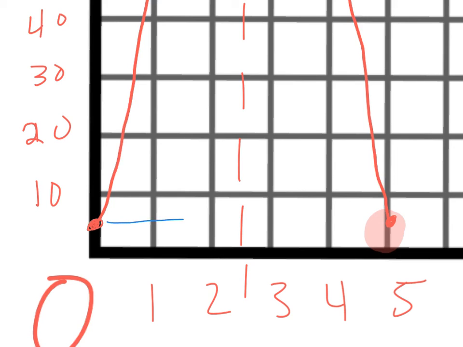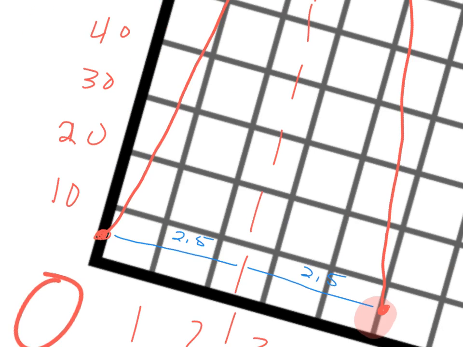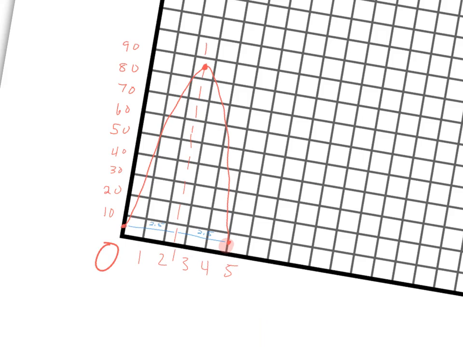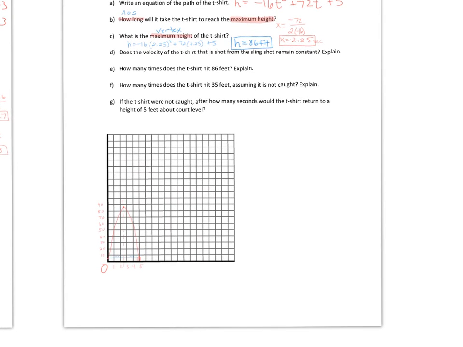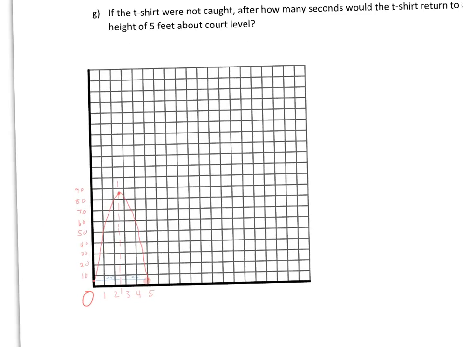So if I look from here to here, it's 2.5 seconds. And then from here to here, it would also be 2.5 seconds. Just make sure that this point and this point are the same distance apart. So now the question was, if the t-shirt's not caught, how many seconds would the t-shirt return to a height of 5 feet?